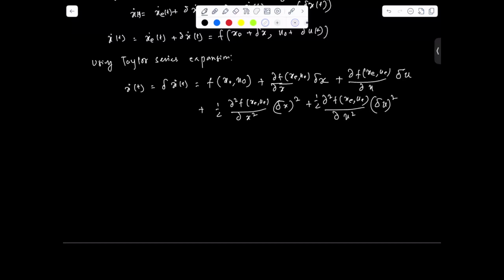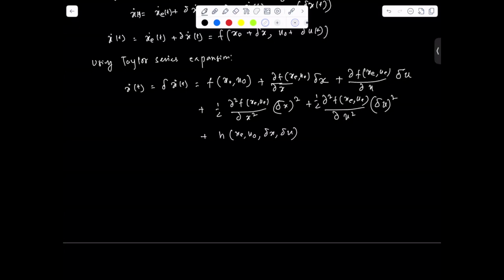So we'll be moving to the higher order terms, and the rest of the terms we are not writing. We can write this as higher order terms, which we can denote as a function of x_e, u naught, delta x and delta u.